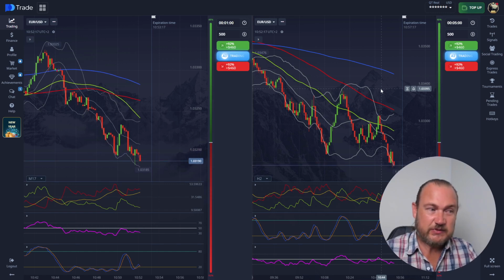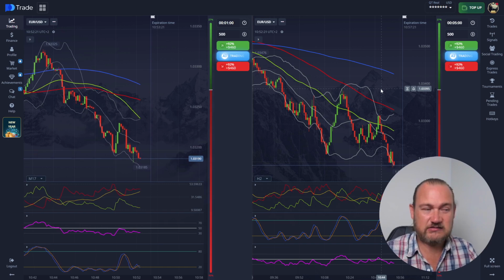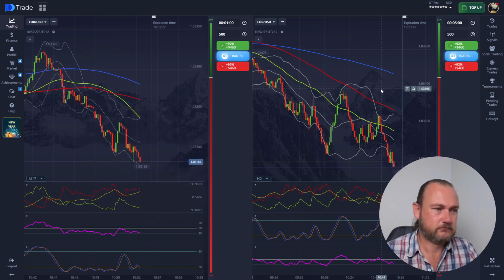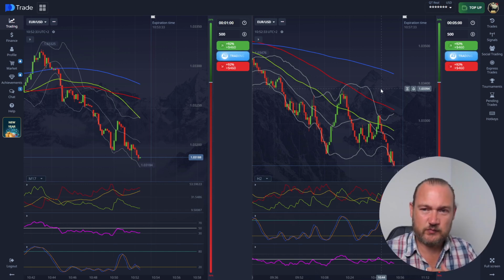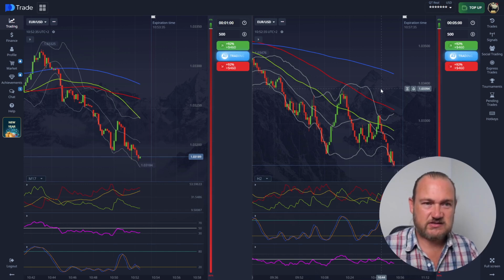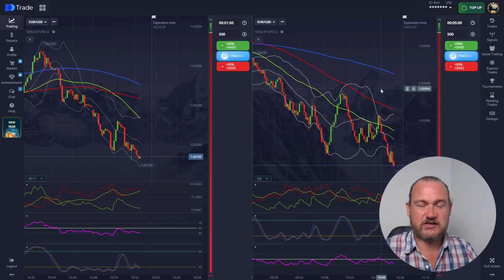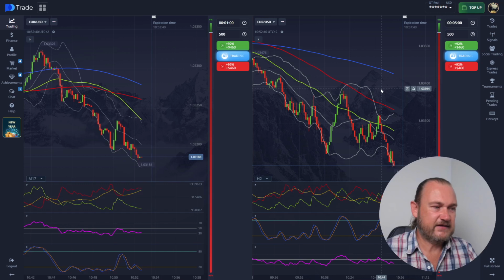That's the discipline and patience you need. If you do not have that, your strategy is irrelevant. It doesn't matter what the win rate is, you will lose money. So keep that in mind. If you know you struggle with discipline and or patience, there are options, stuff you can do to alleviate that in your personal life.